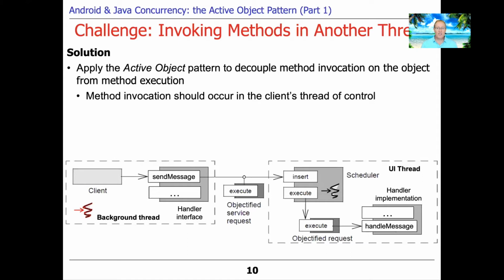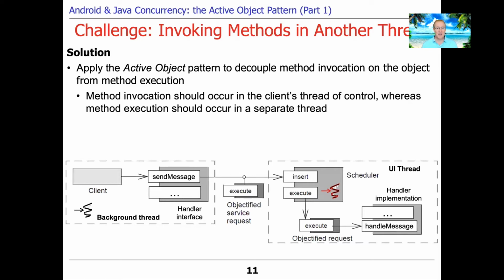The key goal, as shown in this diagram, is that method invocation should occur in the context of the client's thread of control. You can see the red thread icon on the left-hand side of the diagram. Method execution will then occur in a separate thread of control, basically the server thread. I'm using the word server loosely here because it doesn't have to be a separate server.